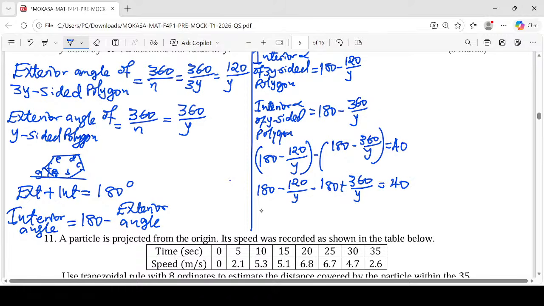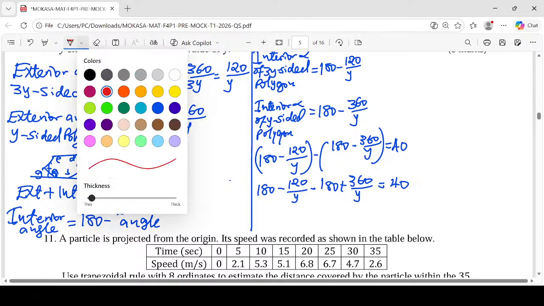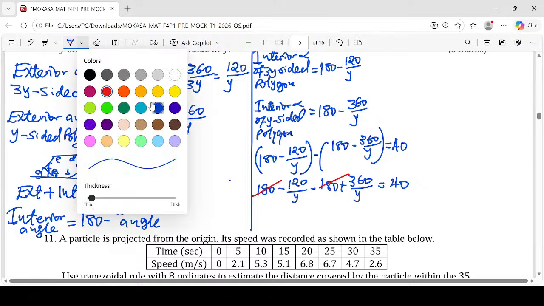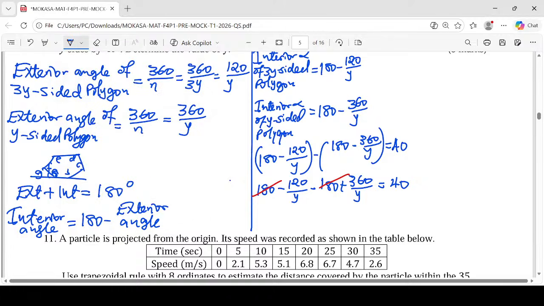So 180 minus 180 will cancel out. Once they cancel out, I'm left with negative 120 over y plus 360 over y. This will become 240 over y, being equivalent now to 40.